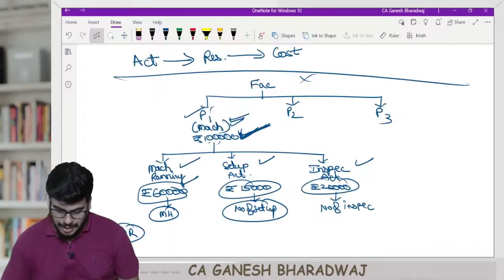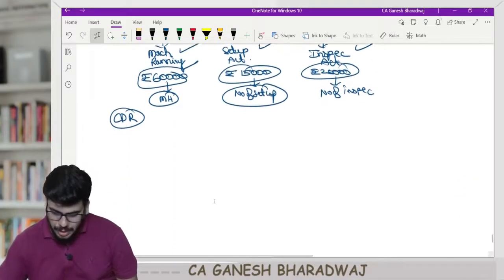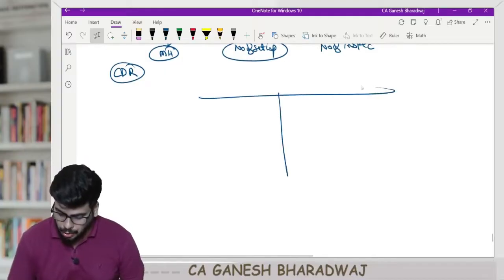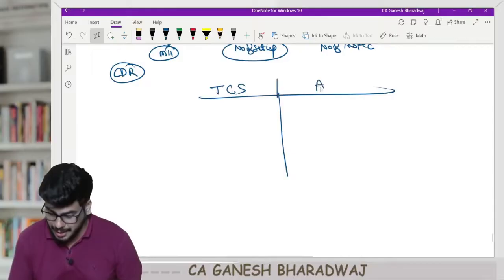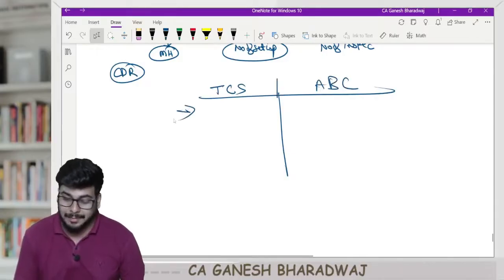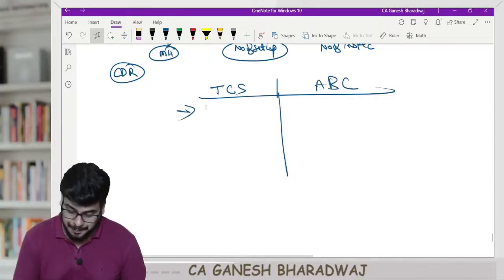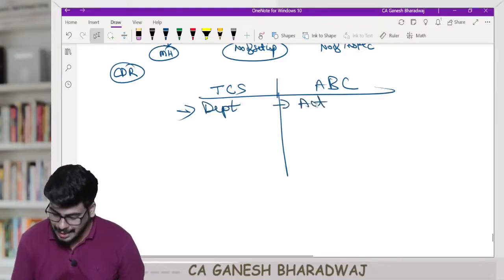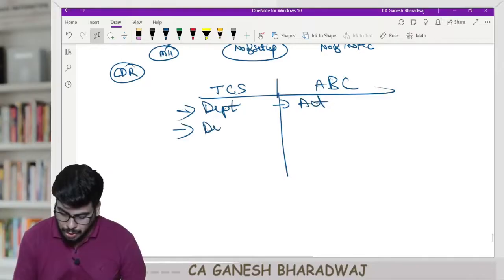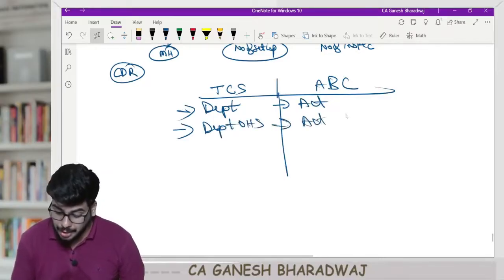Now there are a few differences between your traditional overhead costing system, I'm calling it TCS, traditional costing system, and ABC. Under the traditional costing system, what was called departments is here called activities. What was called departmental overheads is here called activity cost pool.